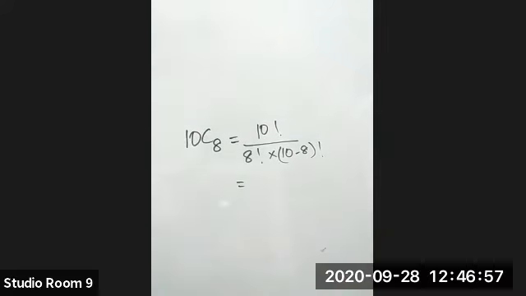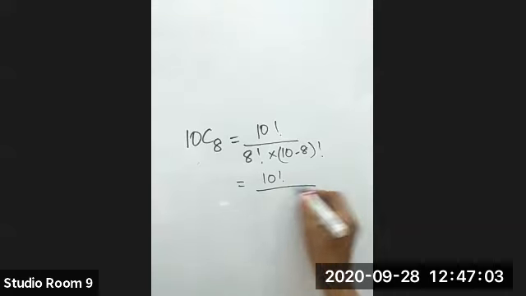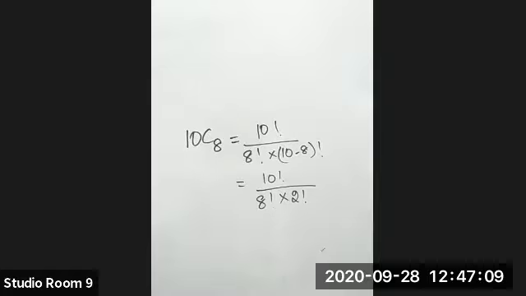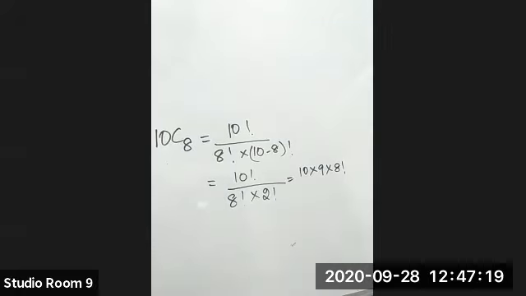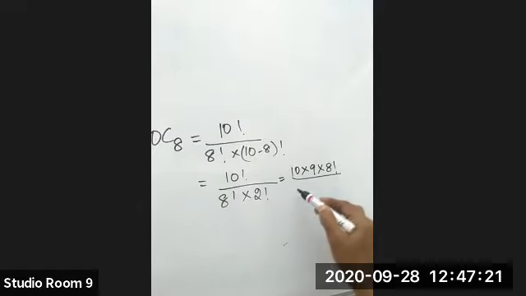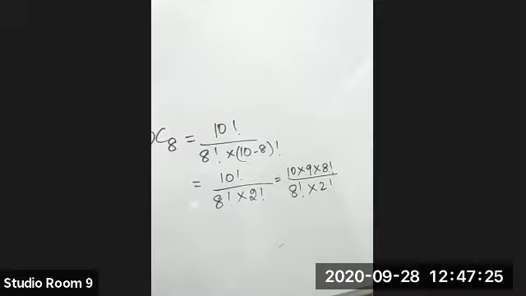Then 10 factorial we can write as 10 into 9 into 8 factorial, by 8 factorial into 2 factorial.